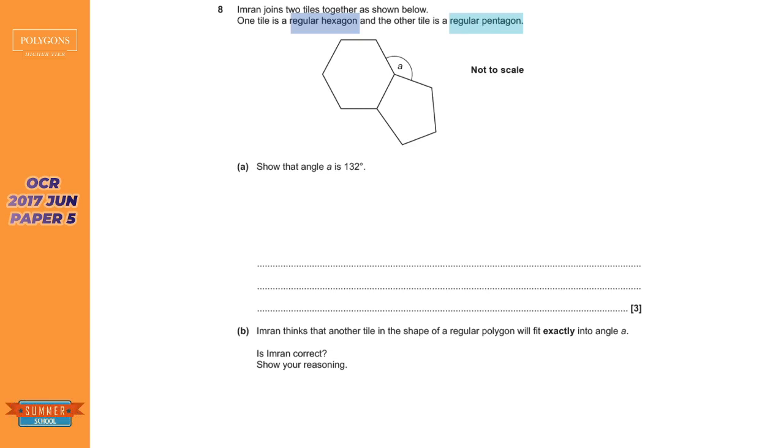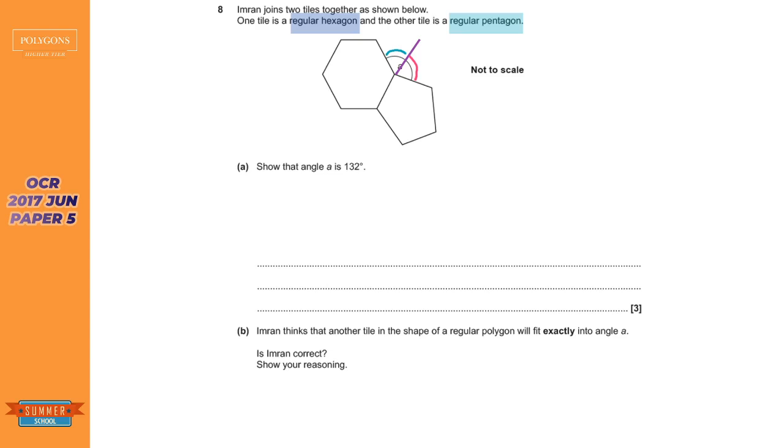So again, what we want to do is cut this up like that, and we're going to cut this in half, and we're going to look at the polygon here, and we're going to look at the polygon here, and we're going to work out the exterior angles of both of them, and then just add them together at the end, which is going to be simpler.